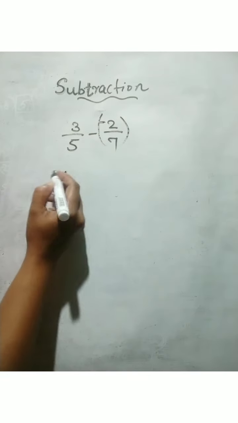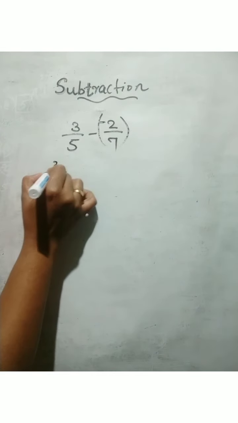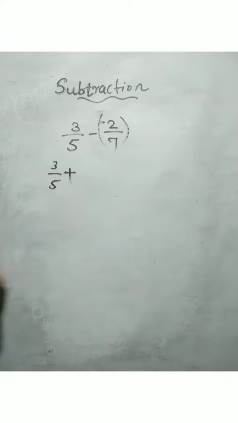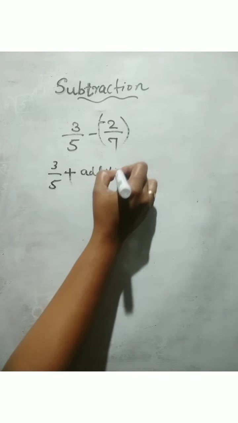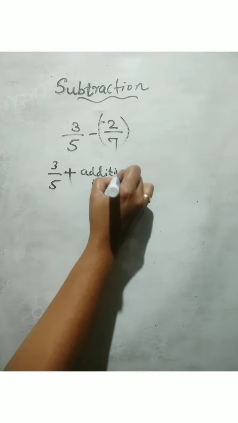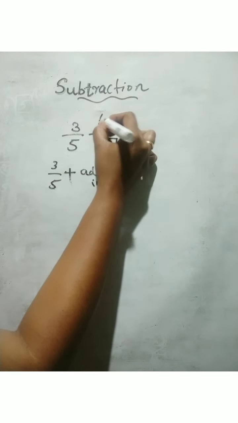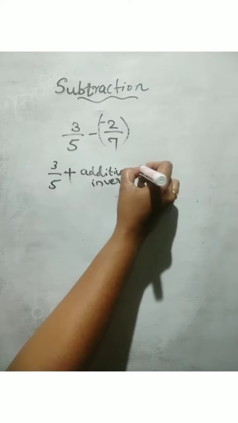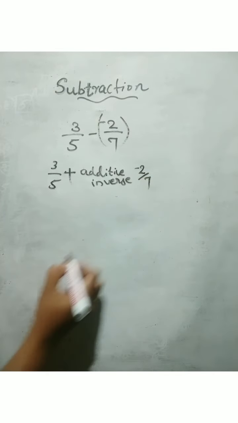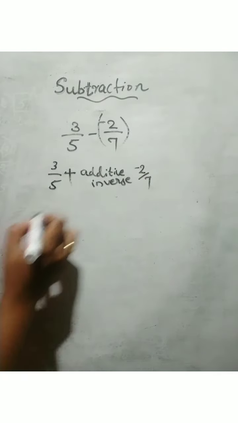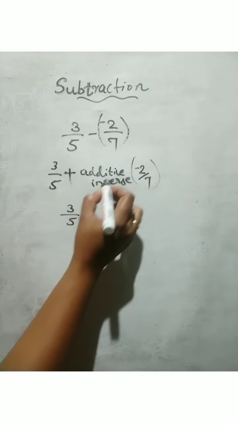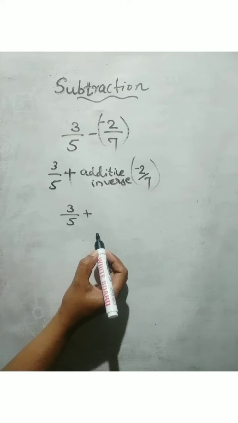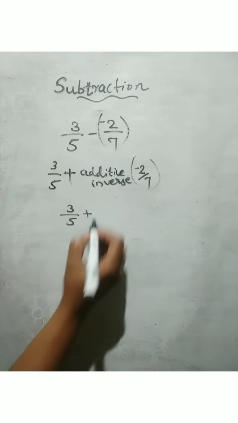Then here 3 on 5 plus the additive inverse of negative 2 on 7. Then 3 on 5 plus the additive inverse of negative 2 on 7 will be positive 2 on 7.